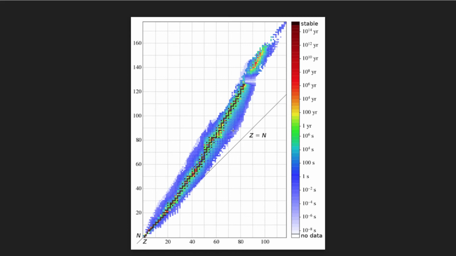Generally speaking, isotopes with an atomic number of greater than 82, so more than 82 protons in the nucleus, are just really not stable elements anyway. So these make up the greatest proportion of the radioactive elements that we deal with. And this shouldn't be a huge surprise to you, since, let's not forget, what we're trying to do is cram 82 positively charged particles into virtually the same position in space.